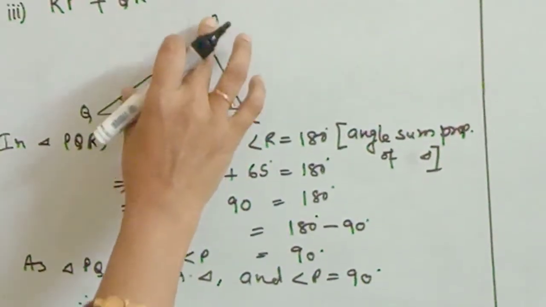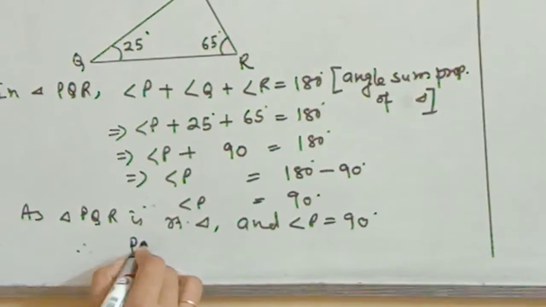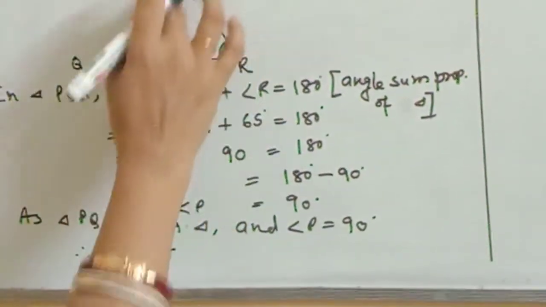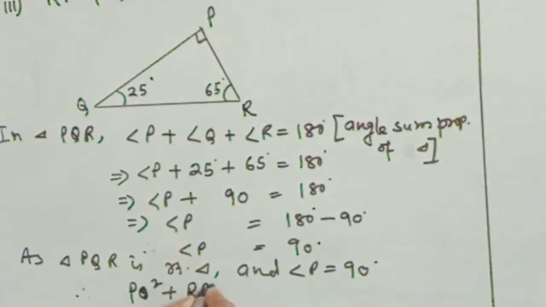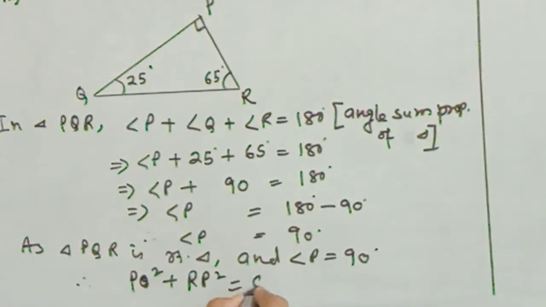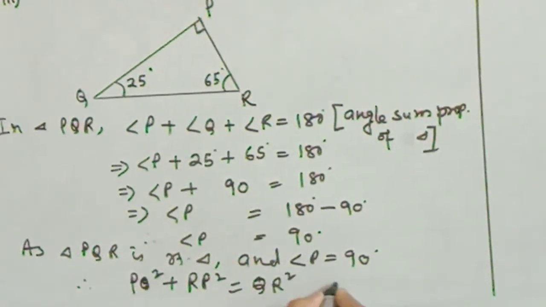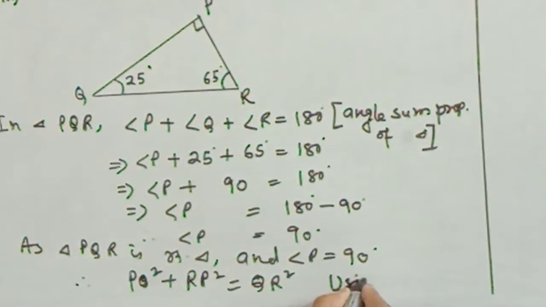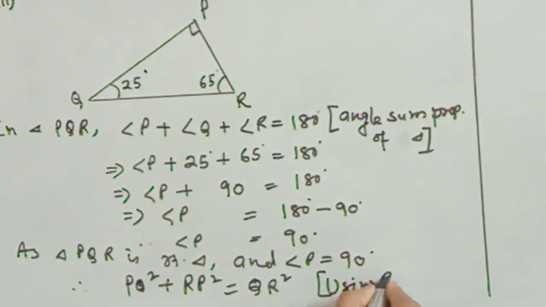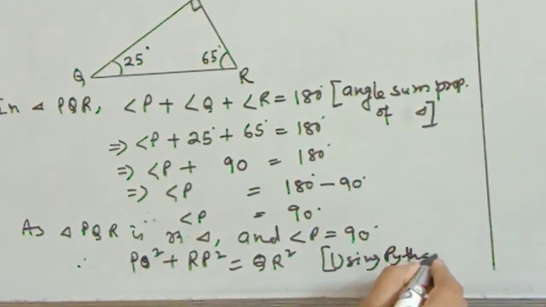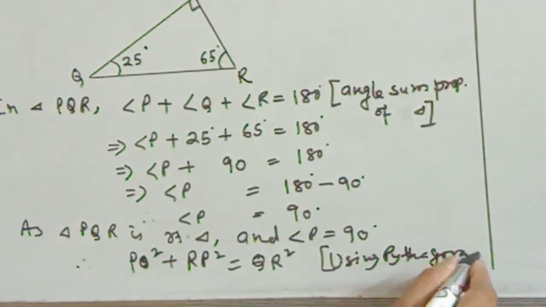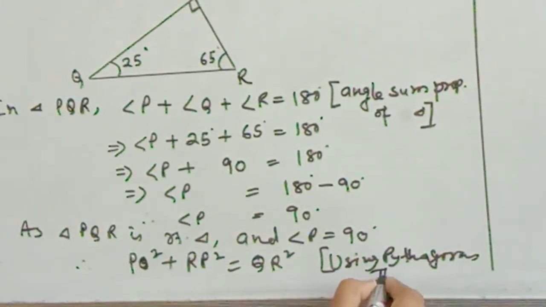PQ squared plus RP squared is equal to QR squared. Pythagoras theorem.